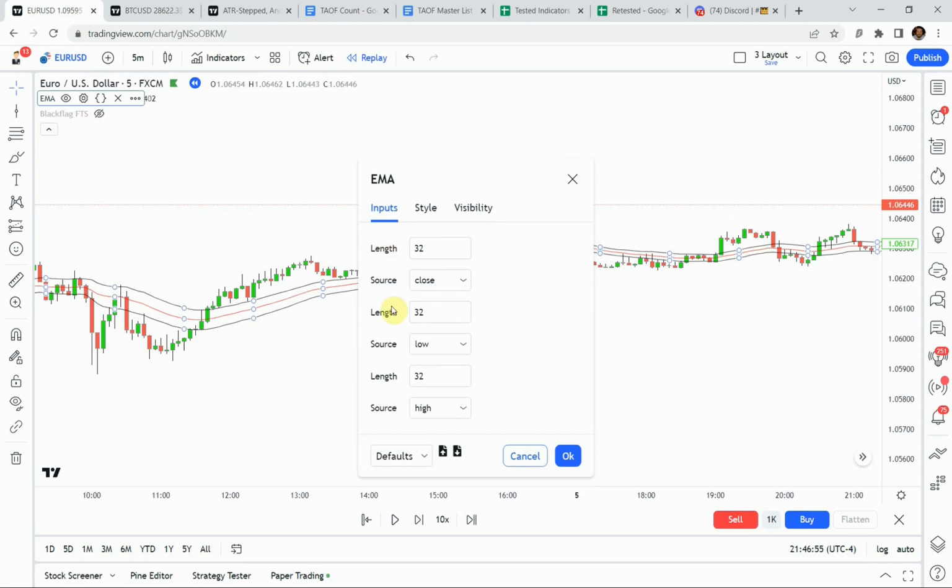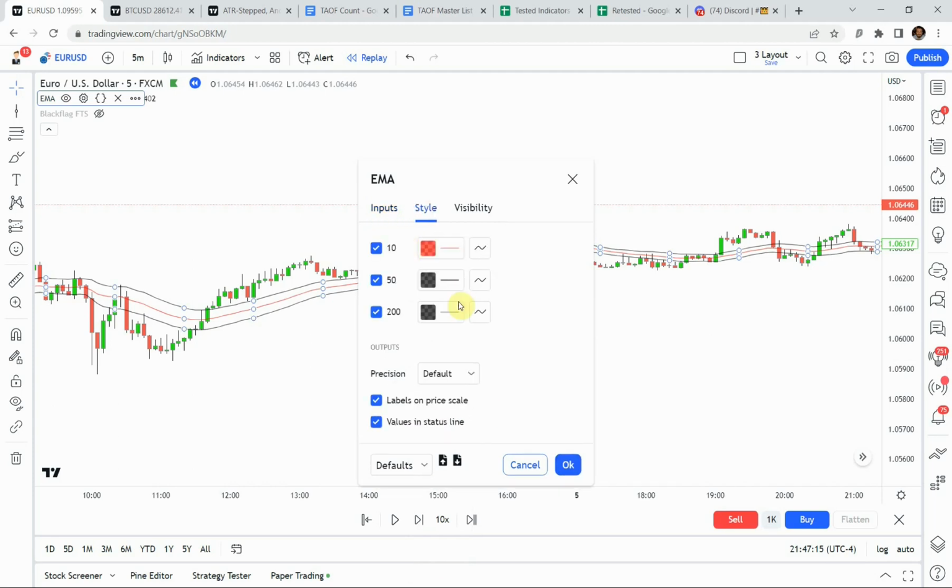The length of all three of these EMAs, we're going to change to 32. So 32, 32, 32. The first one, the source is going to stay on close. The second one, the source is going to be low. On the third one, the source is going to be high.